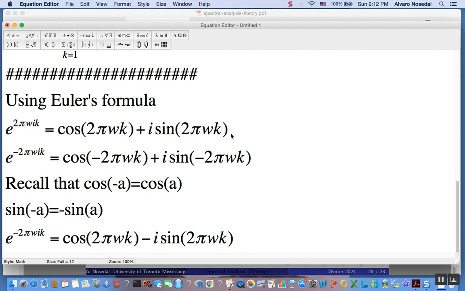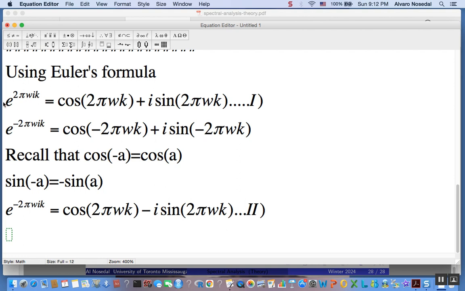Okay, now if you do the sum of this one, let me call it Roman numeral 1, and this one Roman numeral 2, if you do 1 plus 2, what you end up with is this: e to the power 2 pi w I k plus e to the power negative 2 pi w I k is going to be the same as cosine of 2 pi w k plus cosine of 2 pi w k.